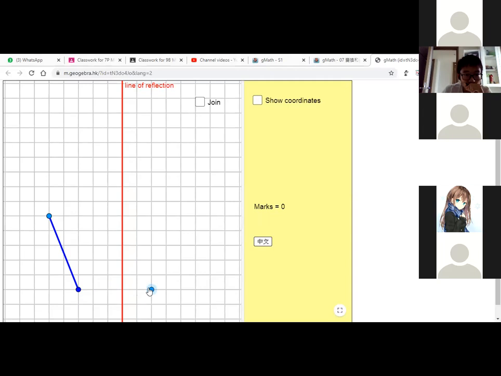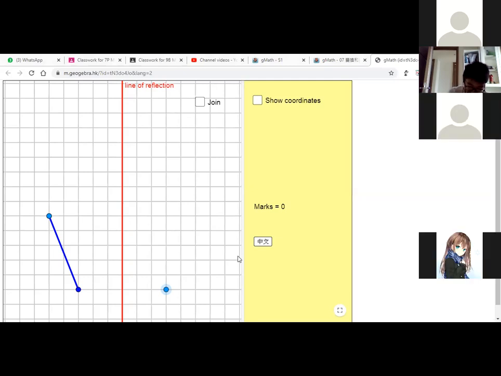Okay, so I will move the points like this. I want to show you how I know that this is the image after the reflection. We try to look at the distance between the point and the line, which is the perpendicular distance.